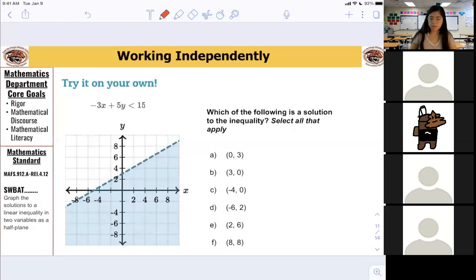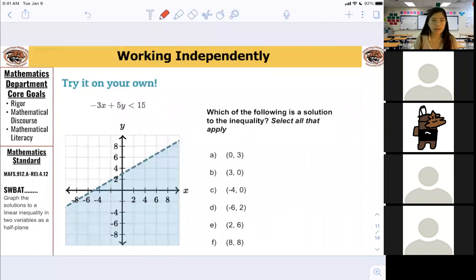All right, seeing a couple answers trickle in. We have kind of different ideas, so I want to talk about this one because it's a little bit different. What's different about this one? It's dashed. Yeah, this one is dashed, and that's going to change some answers, so let's go through it.